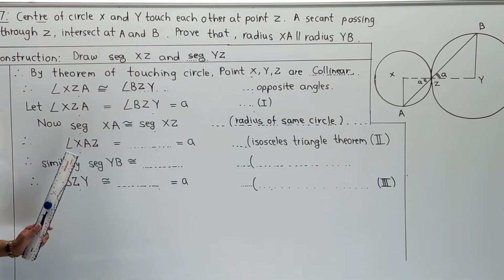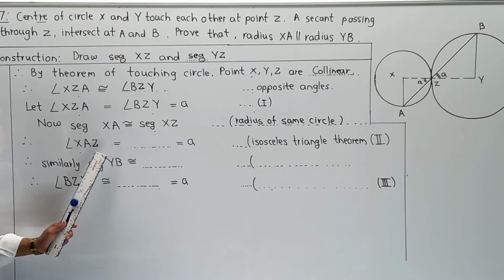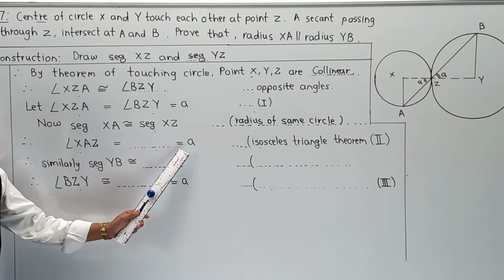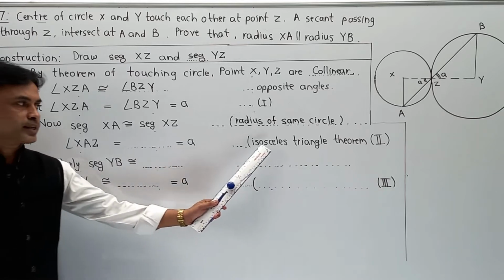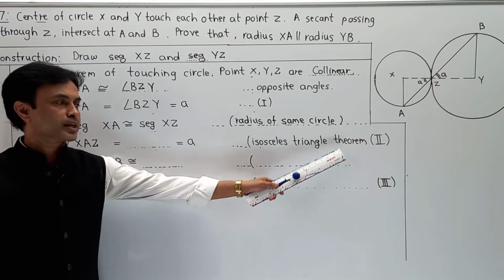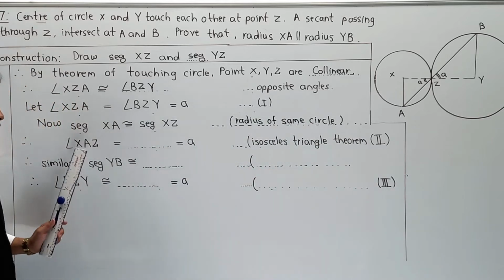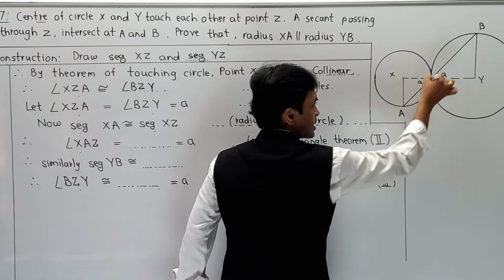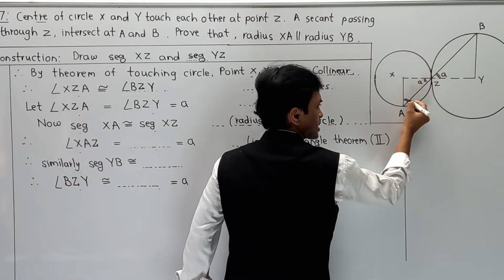Next, they have given angle XAZ is congruent to angle what? Equal to A, and the reason is the isosceles triangle theorem, given number as 2. Naturally, XAZ means they are talking about this angle.